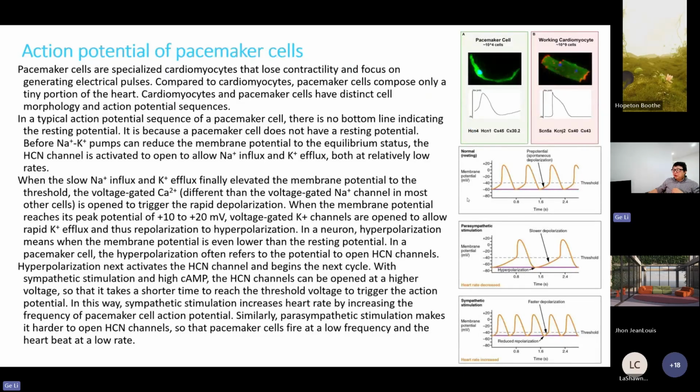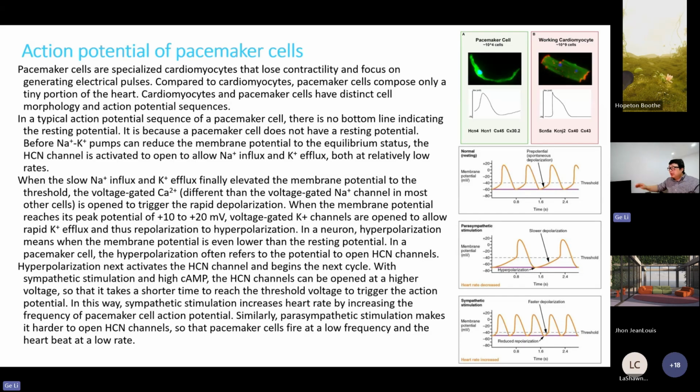Because of this, the pacemaker cell does not really have any resting membrane potential. Rather, it goes up and down. When going up, there's another type of channel that opens or closes at the higher membrane potential, and when going down, other channels respond to the lower membrane potential. Imagine two people playing tennis: the ball is being hit this way, that way, this way, that way.